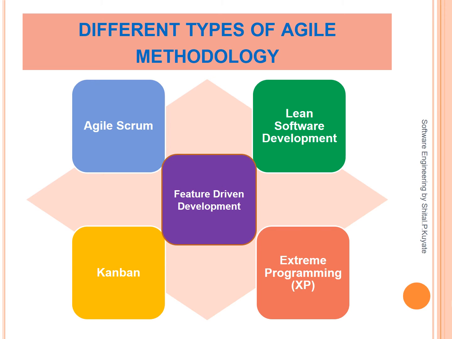Then the next one is feature driven development, which focuses on developing one specific feature at a time, deemed most useful in the eyes of the client. If a feature takes more than 2 weeks to build, it will have to be broken down into smaller projects. So, all these are the different methodologies. Also, we have DSDM, the dynamic software development method, that we will see in the next slides.